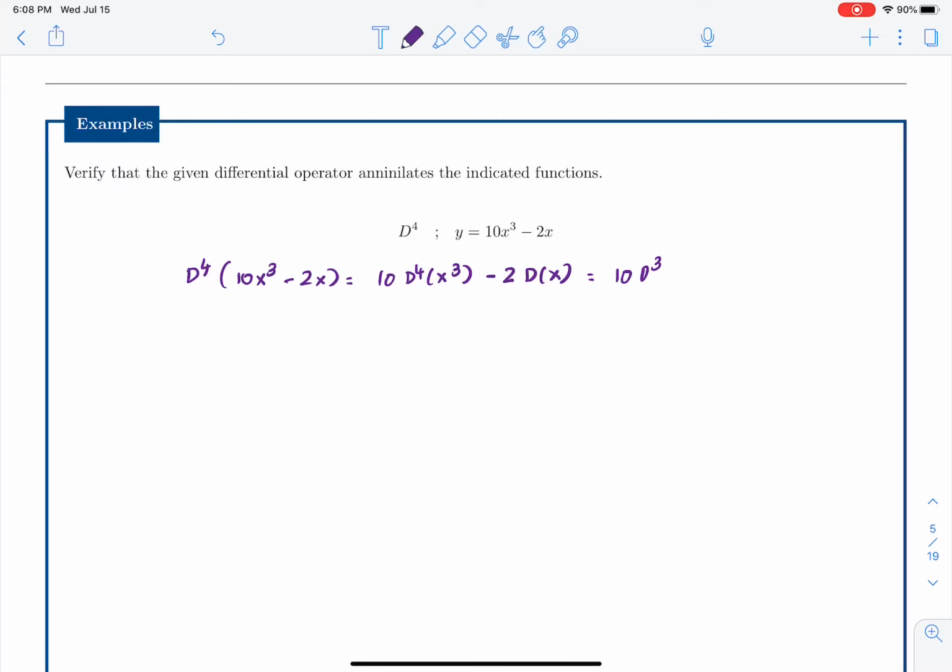First derivative of x cubed is 3x squared. Derivative of x is 1.